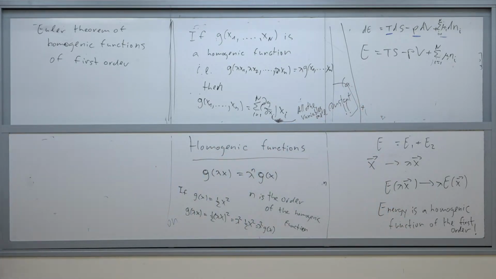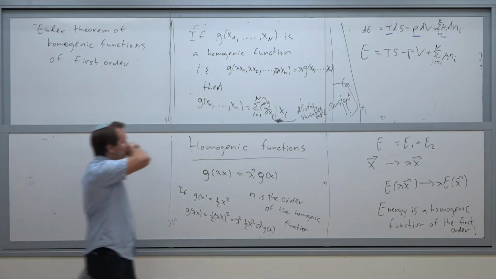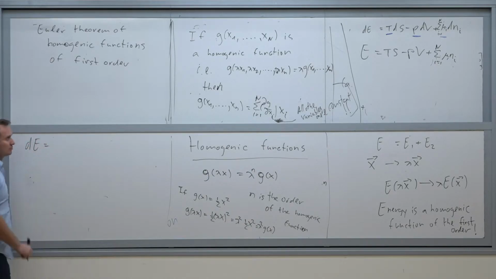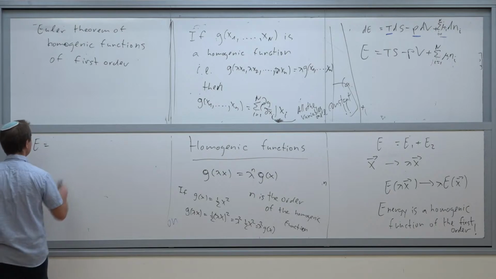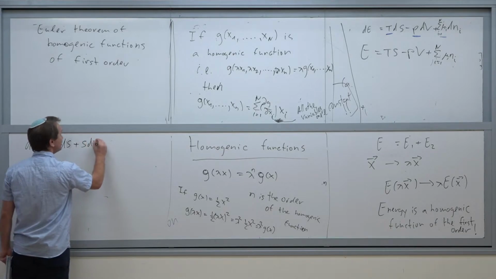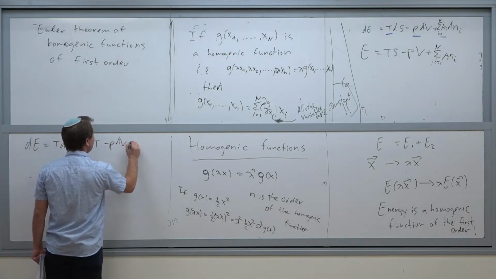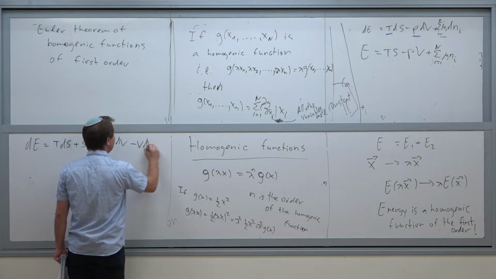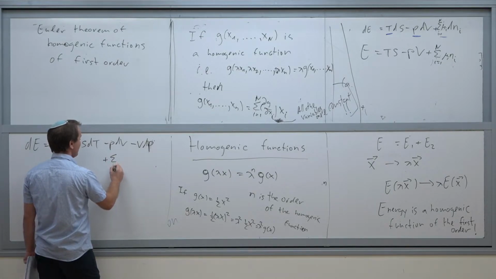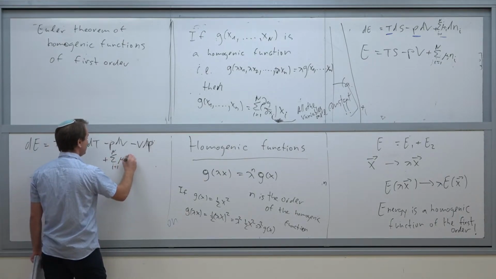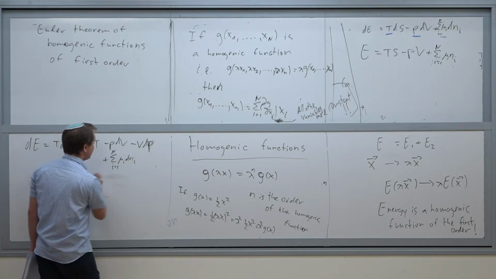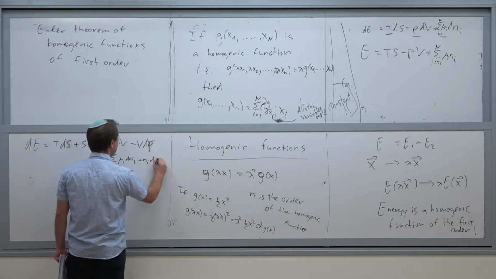So we say, okay, if this is the energy, what is the differential of the energy? So it's simply TdS plus SdT minus PdV minus VdP plus a sum of i from 1 to n of mu i dNi plus Ni d mu i.